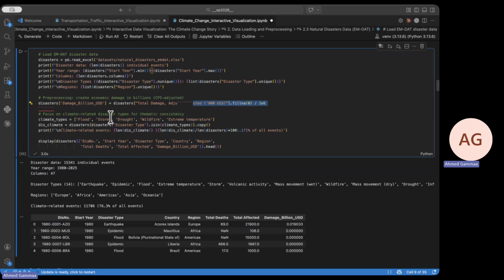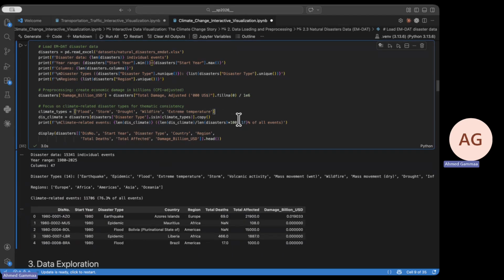Also we filter by climate related natural disasters. We define those five types of disasters: the extreme temperatures, the wildfires, the droughts, the storms, and the floods, as climate related or high temperature related.